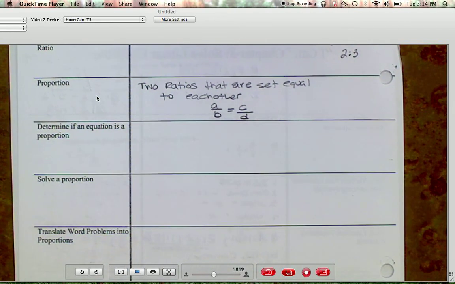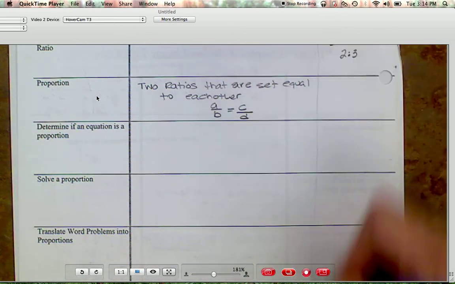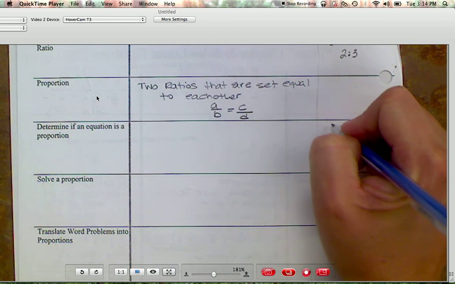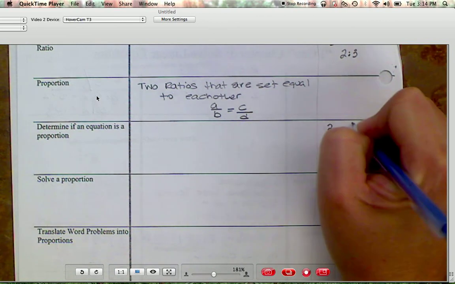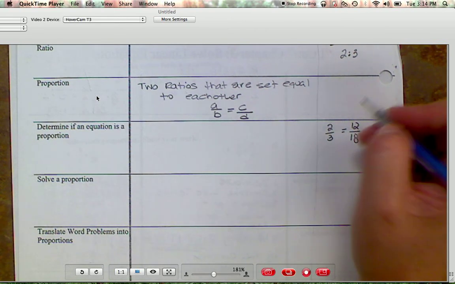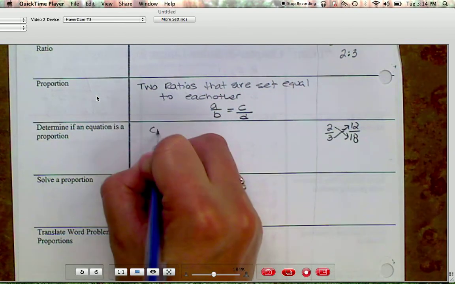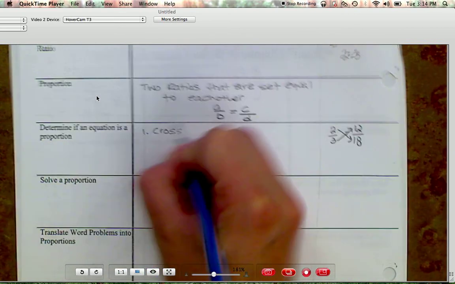How do we determine if an equation is a proportion? So for example, over here you've got 2 over 3 equals 12 over 18. There's two ways that you can do it, but what we'll do is actually cross multiply. So step number 1, cross multiply.